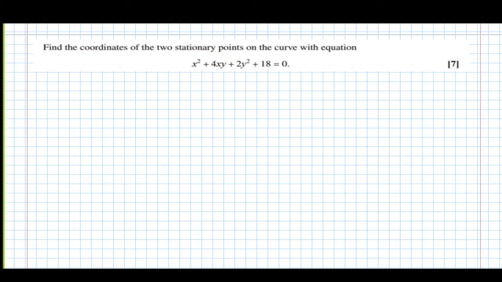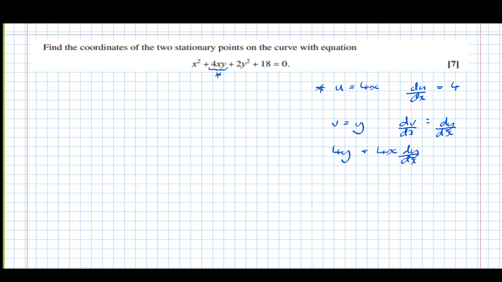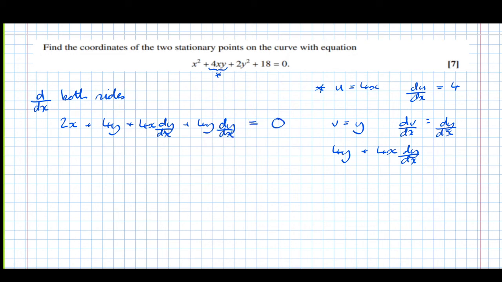Okay, I'll quietly get on with it. 18 differentiates to 0.